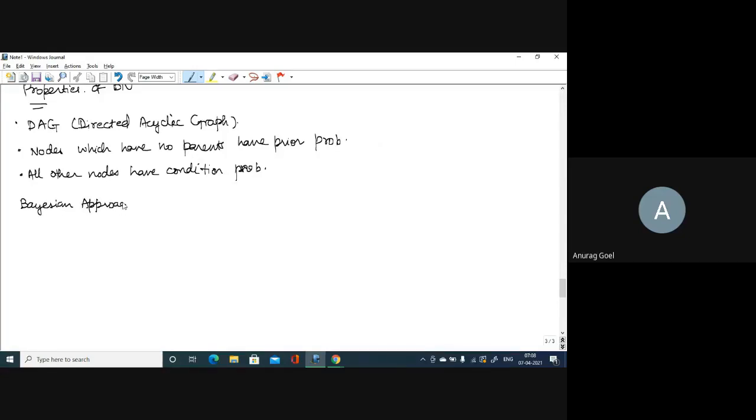This is the final thing that we will do today. This Bayesian approach derives the probability of a cause given a symptom.